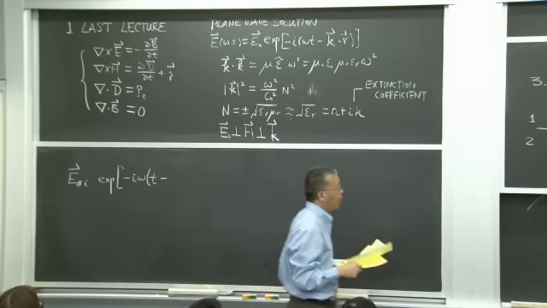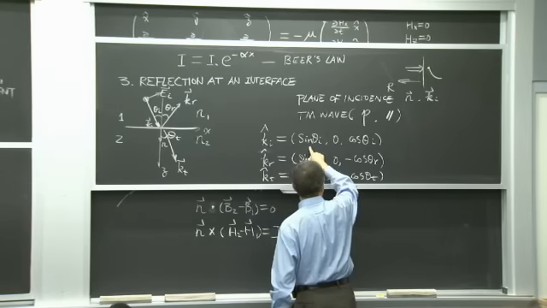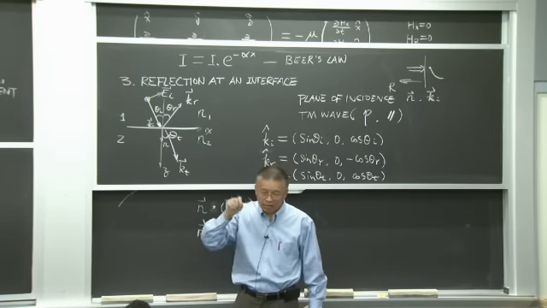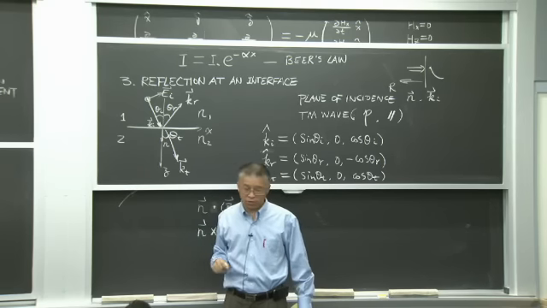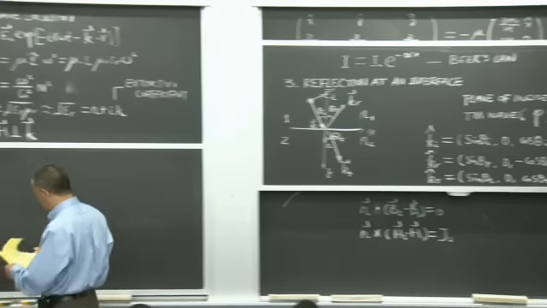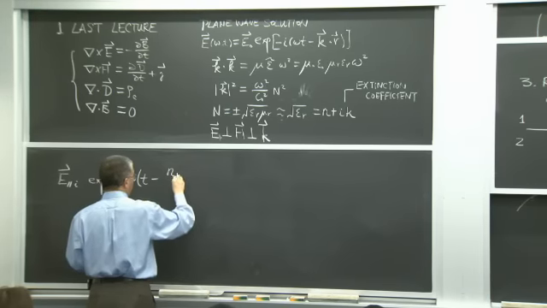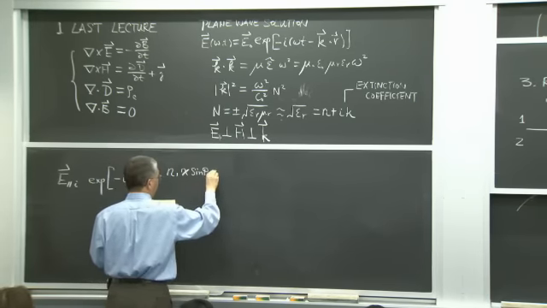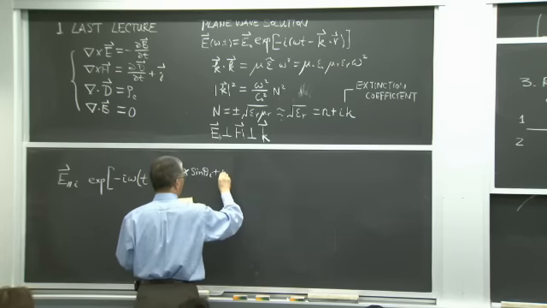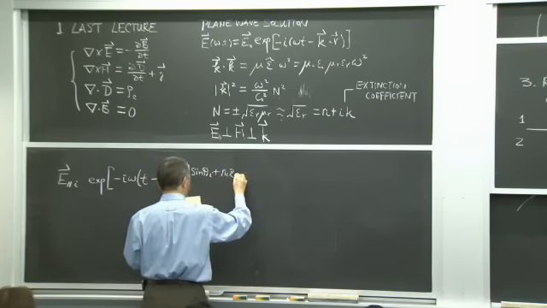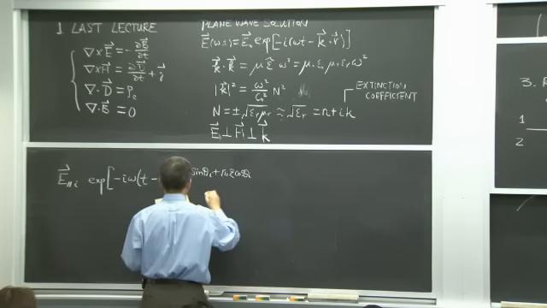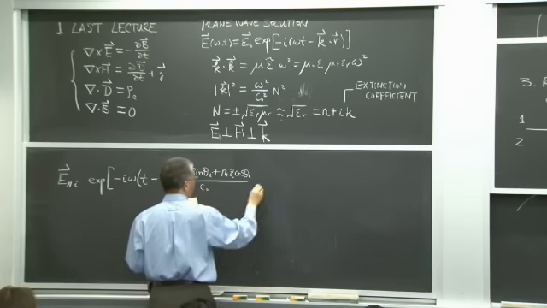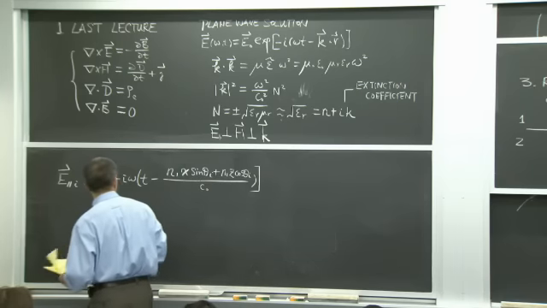Now I have k_i as sine theta_i, cosine theta_i, 0, and r is xyz. So the dot product of these two gives me n1 x sine theta_i plus n1 z cosine theta_i. This is where you should be careful. And c0, that's the incident.